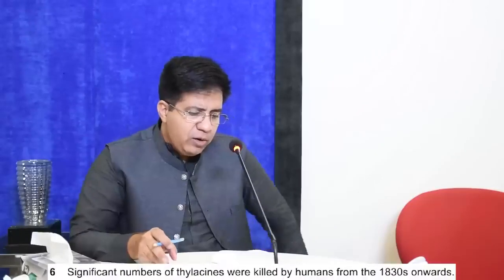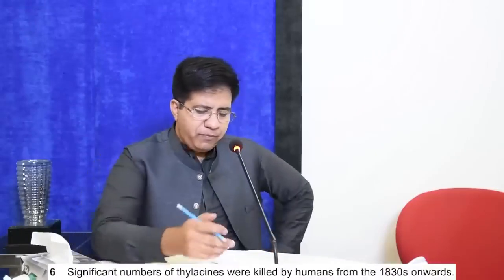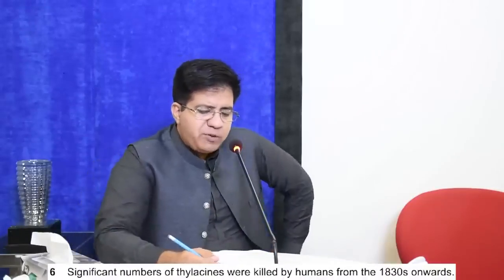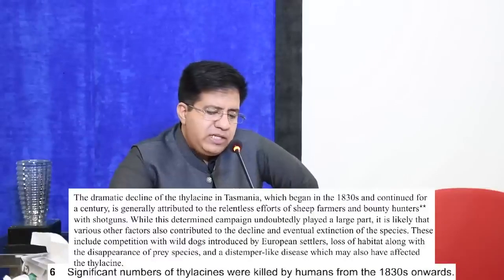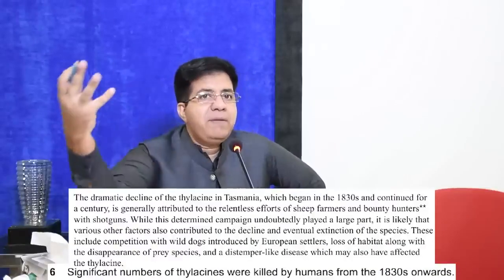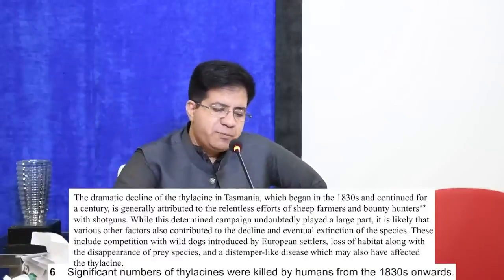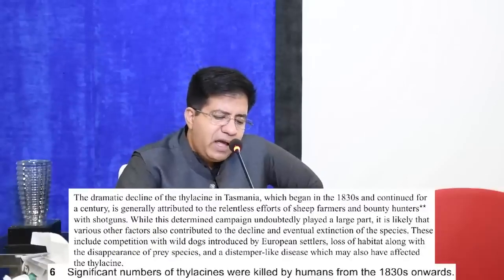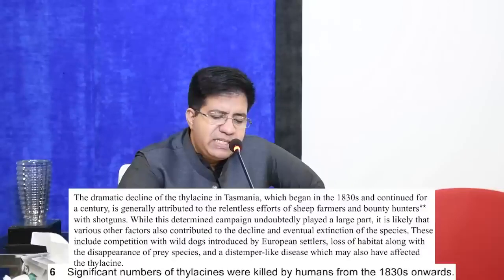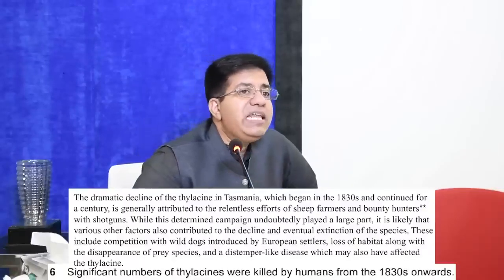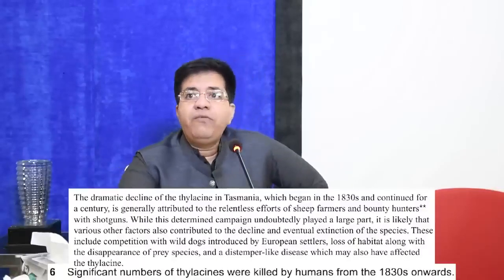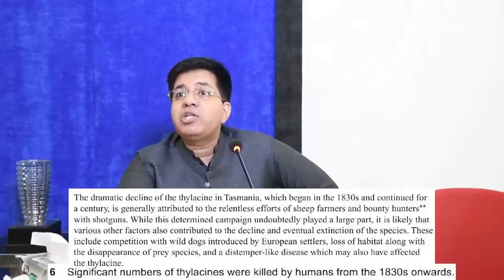Please come back, look for 1830s. Second page, first paragraph. Got it? Second page of the passage, first paragraph. The dramatic decline of thylacine in Tasmania, which began in the 1830s. Now see that you easily found 1830s. So first thing is to find the location of the answer.